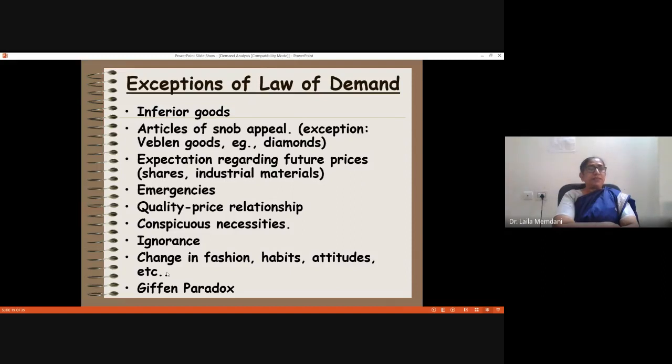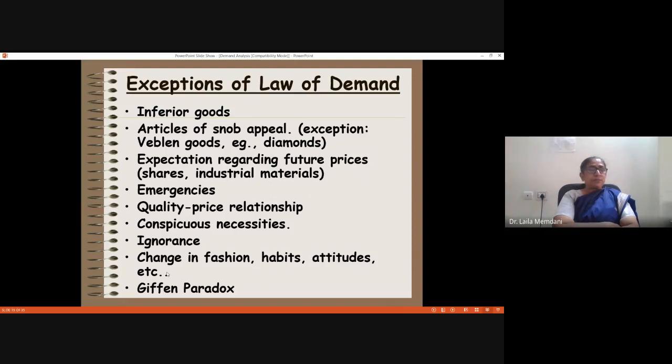And the last one is the Giffen paradox. What is this Giffen paradox? The Giffen paradox was given by Sir Robert Giffen in the 19th century. He observed that for the low paid British workers, the main food for consumption is bread and meat. And he observed that when the price of bread increased in England, the demand for bread increased.